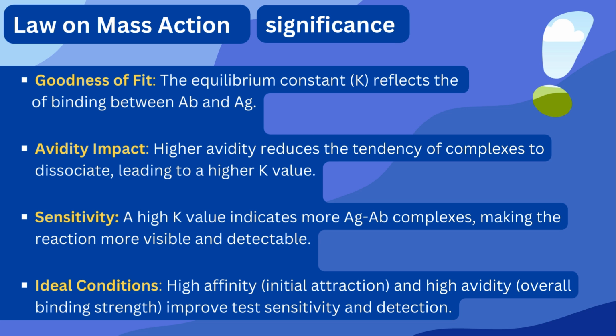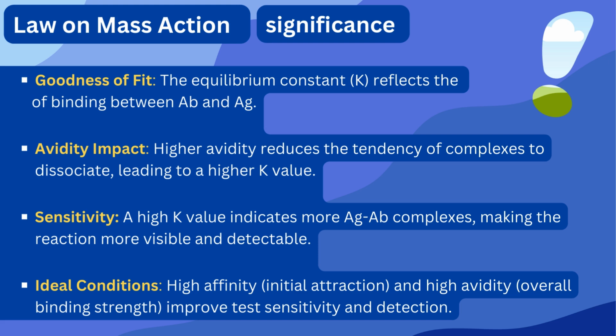So the equilibrium constant represents the strength of binding between an antigen and an antibody, while for avidity impact, higher avidity decreases the likelihood of complex dissociation, resulting in a higher equilibrium constant value.